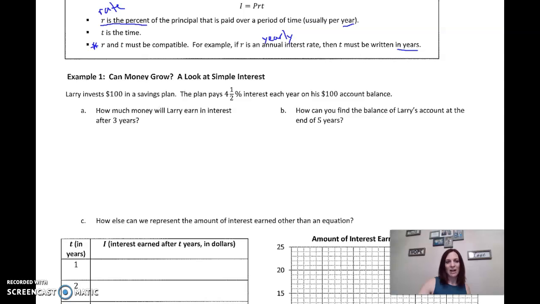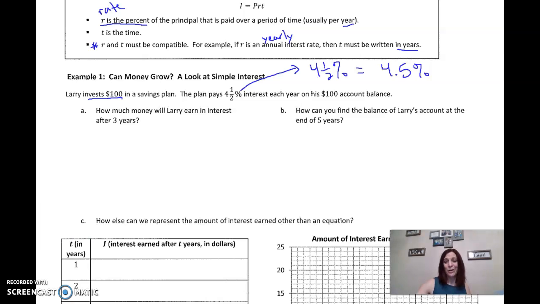Larry invests $100 in a savings plan. The plan pays 4.5% interest. So 4.5% each year, so it pays interest that's yearly on his $100 account balance. I'm going to rewrite that as 4.5%.